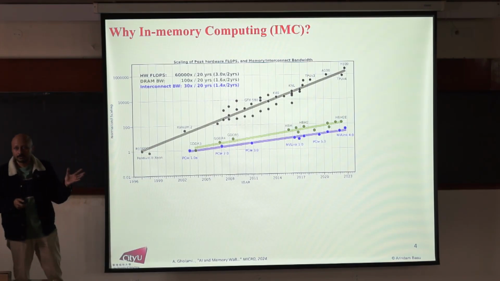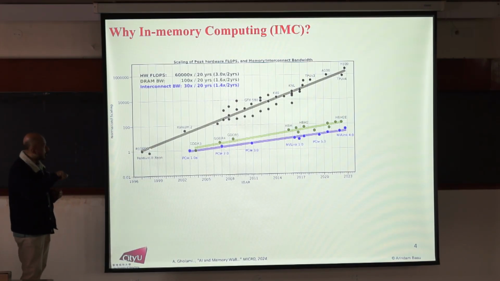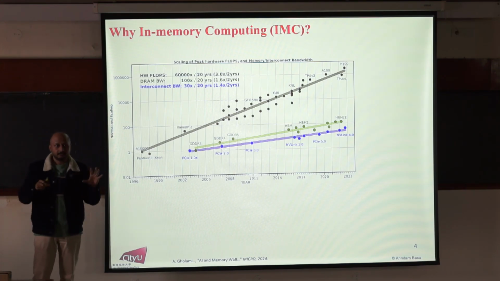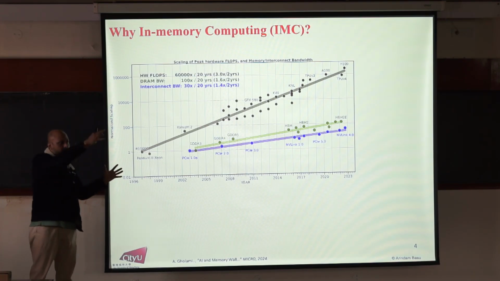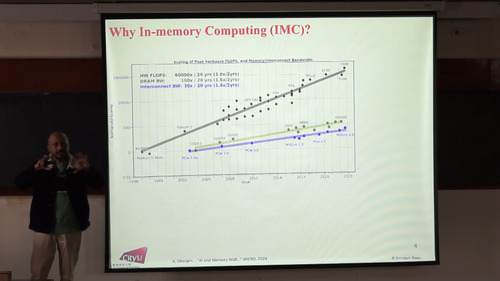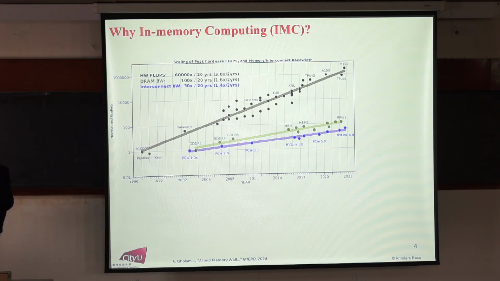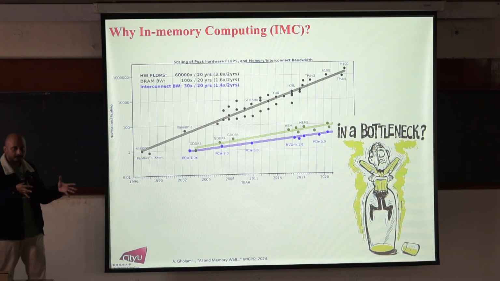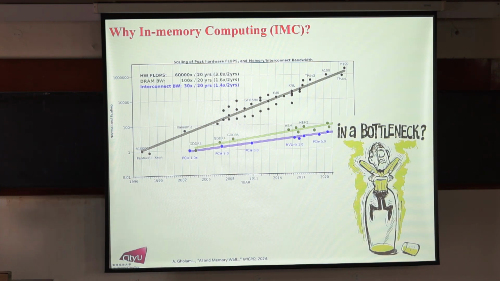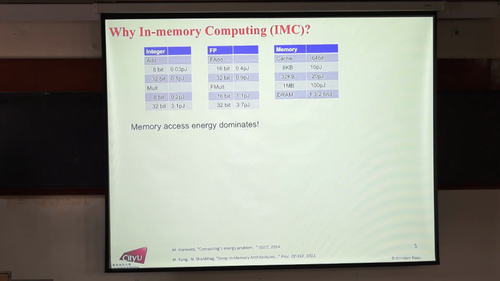So basically what we are showing here is the compute is growing much faster than the interconnect. So it's like, you have a lot of data in memory. Memories are growing big. You have fast compute, but the link between the two is still very weak. Right? So it's like you're in a bottleneck. That's what's going on. Right? So you have energy, you have throughput, both being bottleneck.